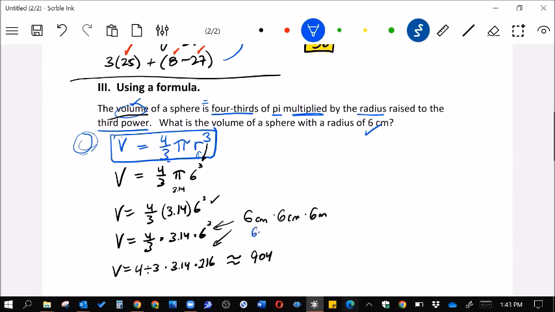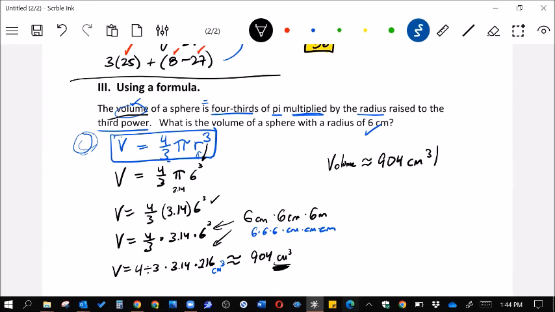That means I have 6 times 6 times 6 times centimeters times centimeters times centimeters. So when I have 216 here, that's 216 times centimeters cubed. And so in my answer, I have to also put centimeters cubed. So my final answer is that the volume is approximately 904 centimeters cubed.